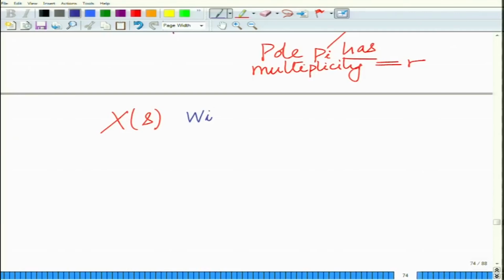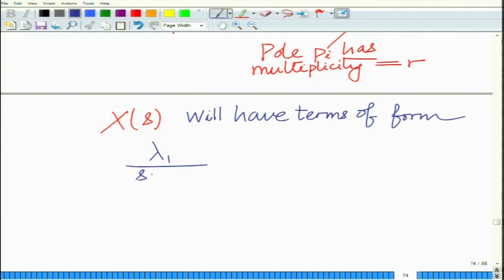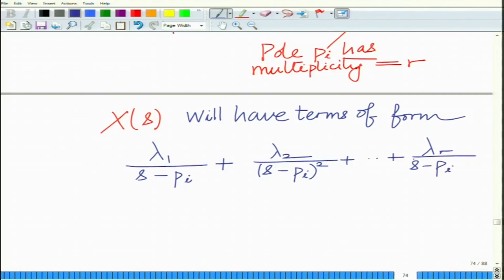lambda 1 divided by S minus Pi plus lambda 2 divided by S minus Pi squared, plus, up to lambda r divided by S minus Pi raised to the power of r.